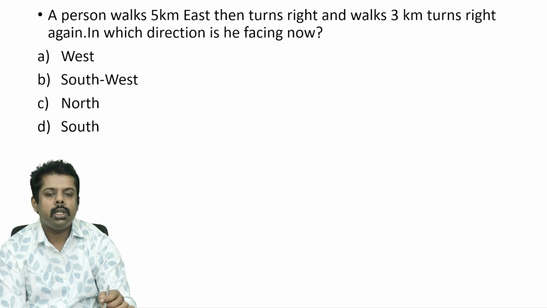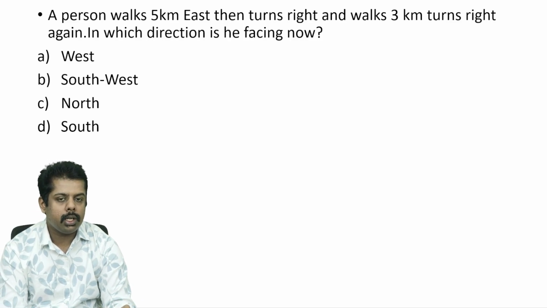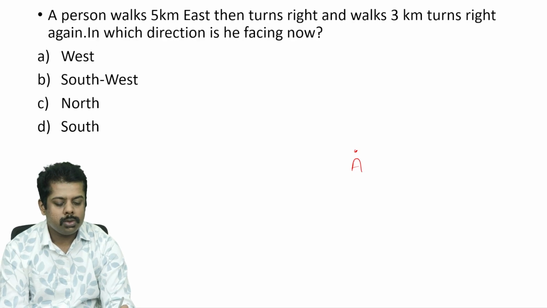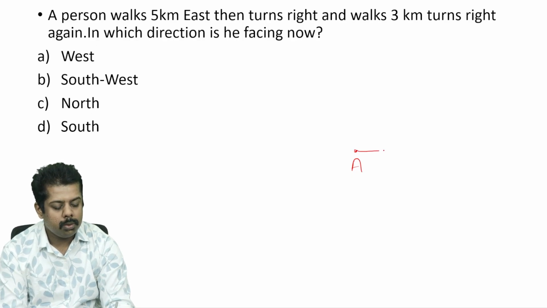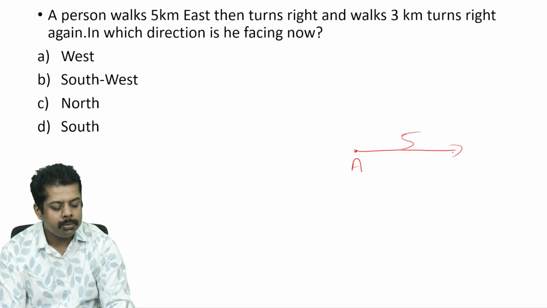Now moving to the next one. Here they have given distance as well, but the final question is based on direction. Here as well, you can draw the basic diagram. First, the person walks 5 kilometers east. From here he takes a right turn. As we know, right is towards south.